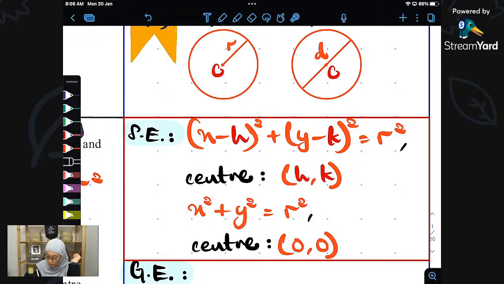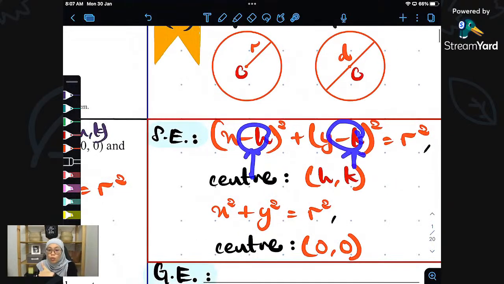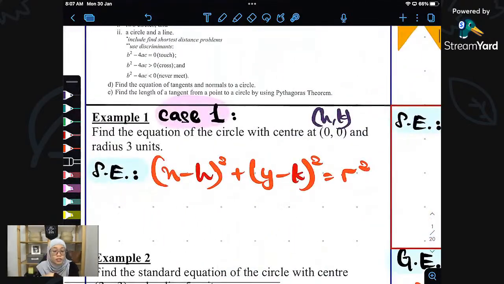Again, I repeat, squared plus squared, and then equal to something squared. It's not too difficult to remember. It's just that the standard equation for circle you all must memorize. Because if you do not memorize this, you cannot go solving this question.